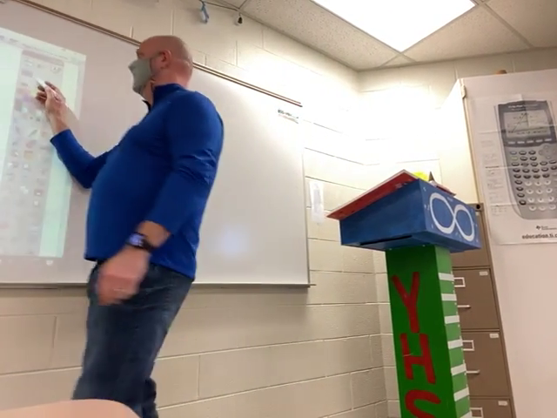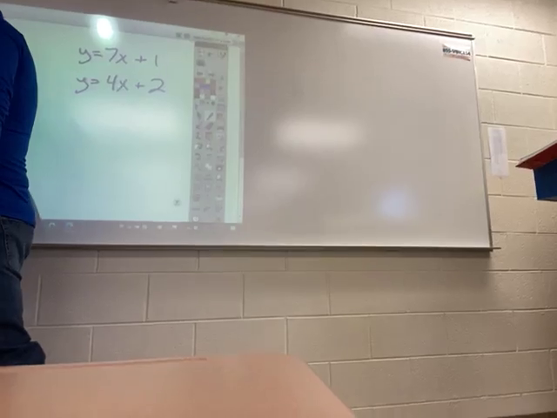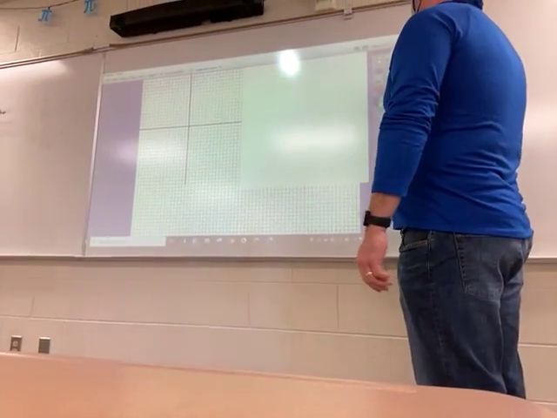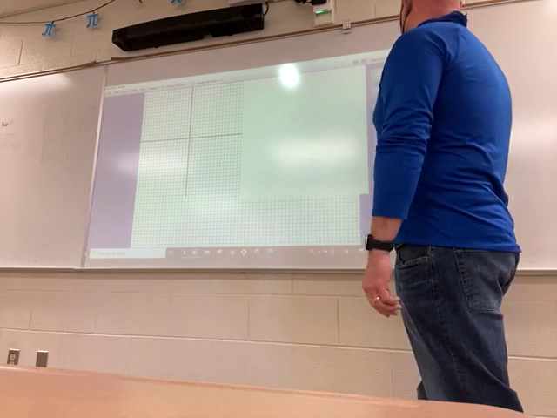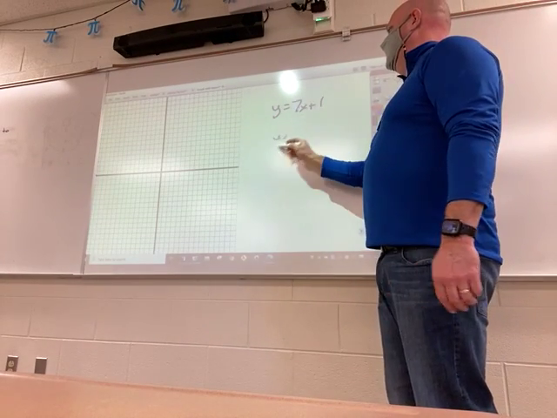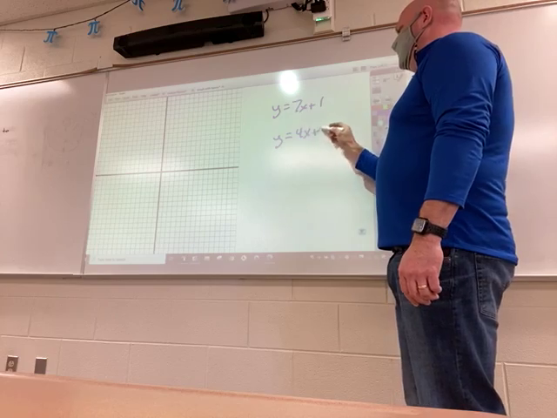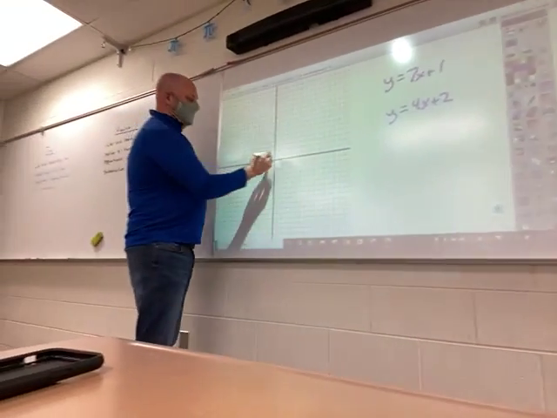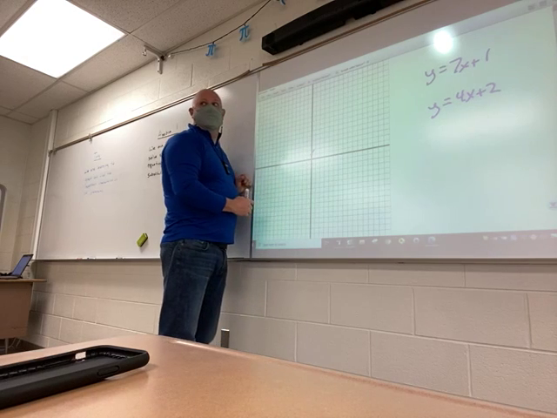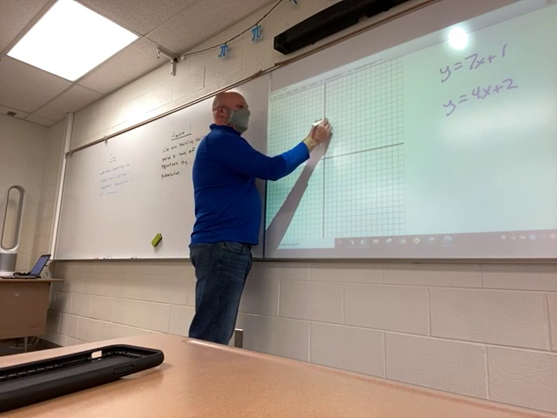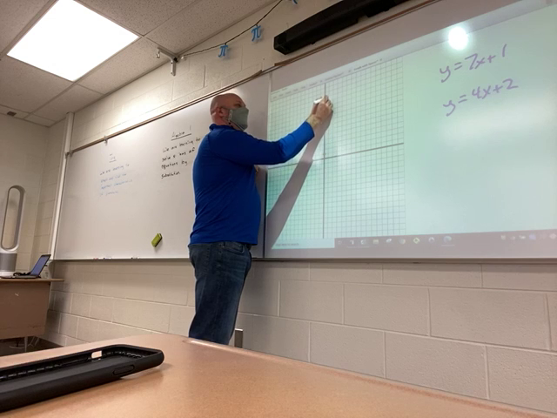So, we grab some graph paper. What were they? Y equals 7x plus 1, and y equals 4x plus 2? All right, so the first one starts up at 1. And where does it go? Up 1, 2, 3, 4, 5, 6, 7 over 1. 1, 2, 3, 4, 5, 6, 7 over 2.